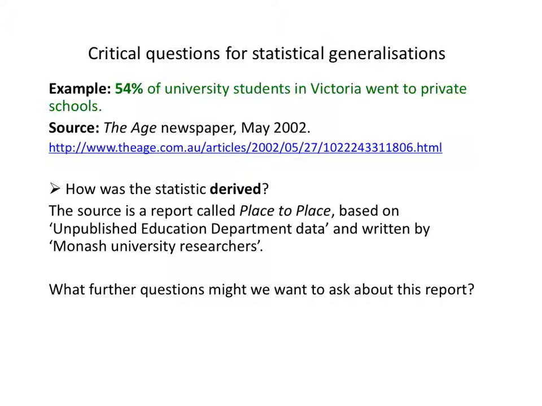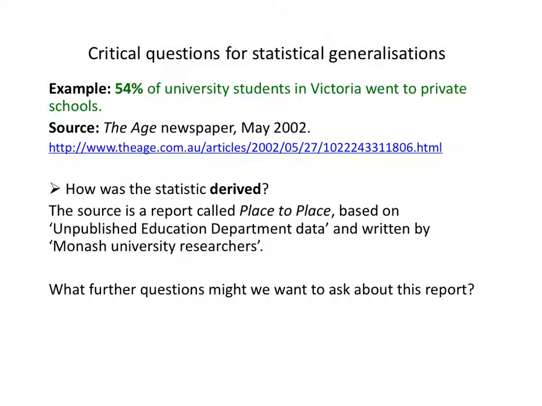The second question was this: well, how do they know? How was the statistic derived? Where did they get that number, 54%, from? Well, reading the article, we find that it's from a report called Place to Place, based on unpublished Education Department data and written by Monash University researchers, which is all a bit vague.